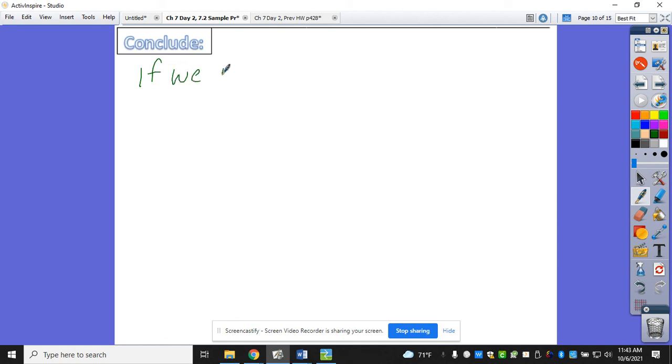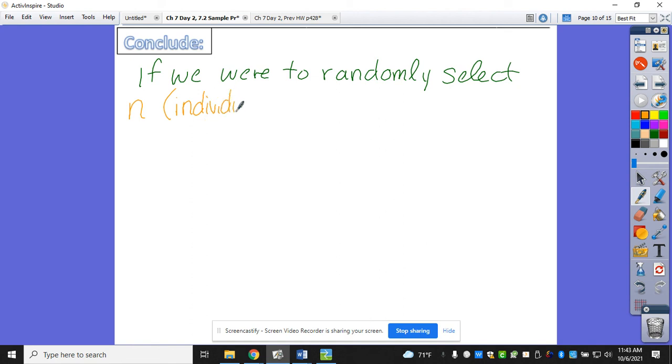If we were to randomly select n individuals, so in that past problem that would have been 1,540 adults, when the claim actually is true, so like the population actually is 15%.